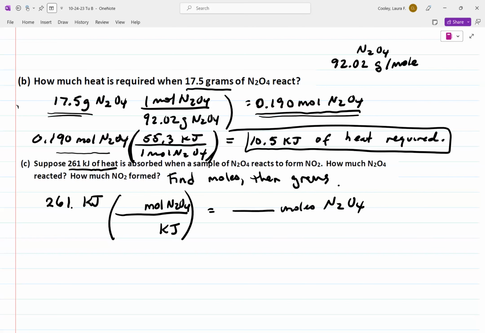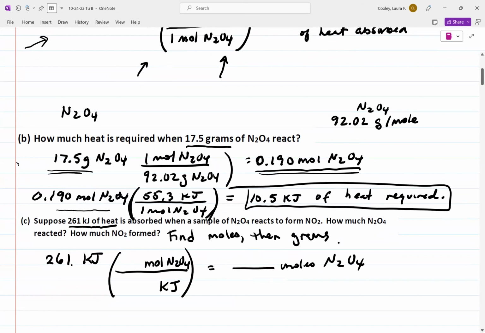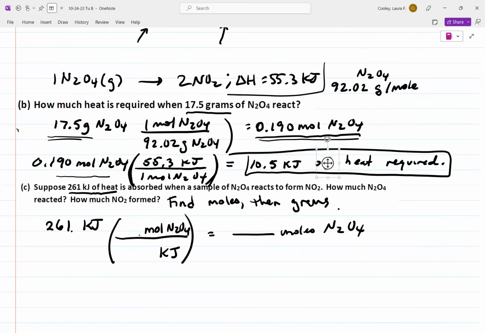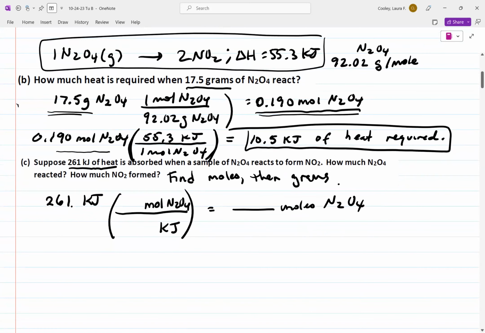So let's look at that reaction again. Here it is: N2O4 goes to 2NO2. I'm looking at my thermochemical equation, and now I'm going to use this 55.3 kilojoules per 1 mole of N2O4. Notice that this is flipped from the way I used it before.